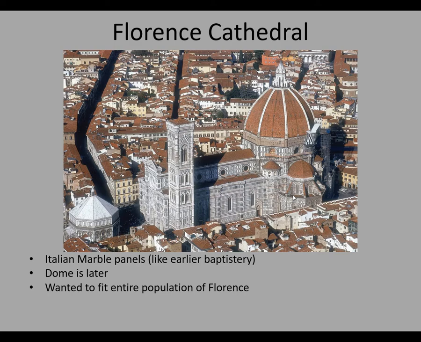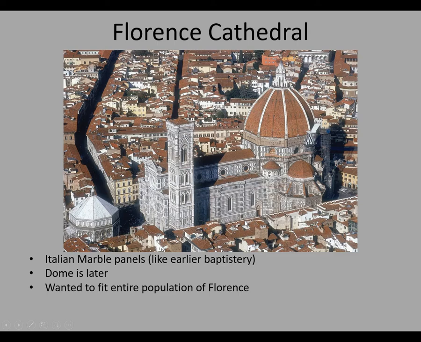One of the problems, they created their own problem, because ideally you design a building to hold a dome. You don't build a building and hope for the best that you can figure out the dome. And it takes a genius of the Renaissance to come up with a way to put the dome on a building that already exists. But these Italian marble panels are a very Gothic thing.